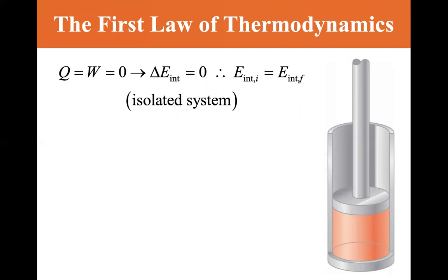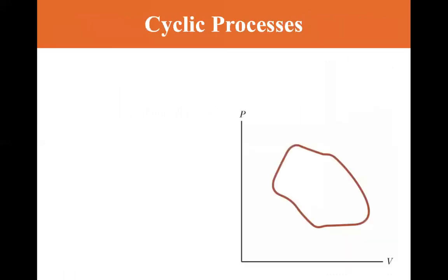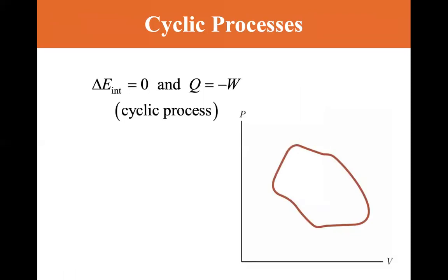In other words, no heat is being transferred to the cylinder, and no work is being done. You're not changing the system. So the initial internal energy is equal to the final internal energy, and when that happens, you have a cyclic process.